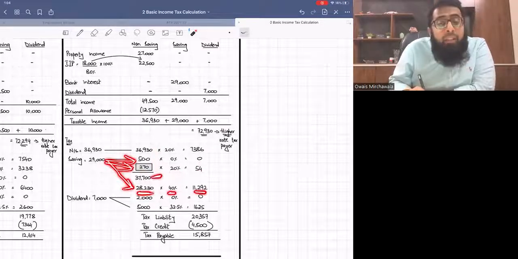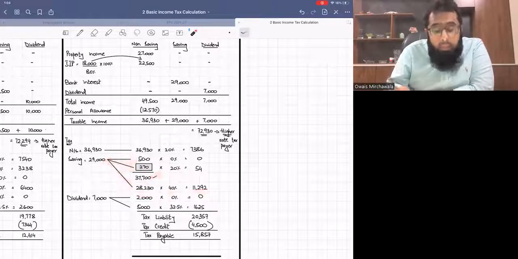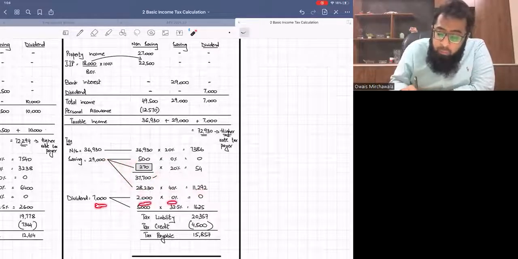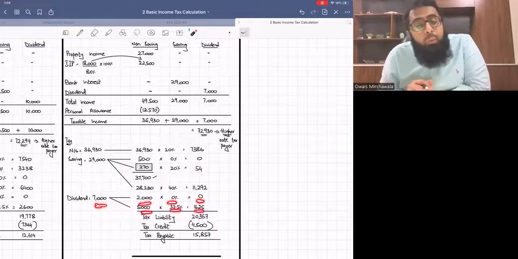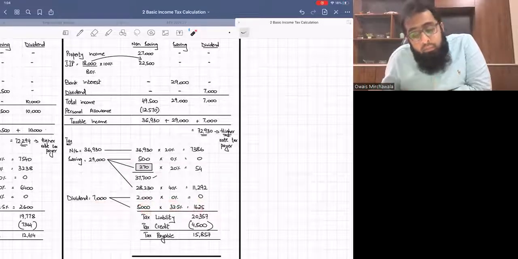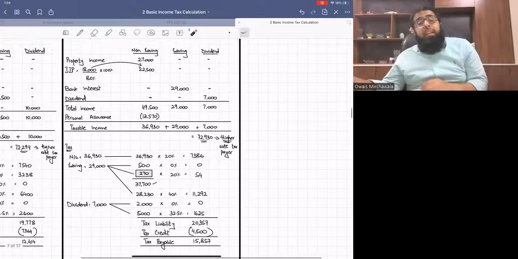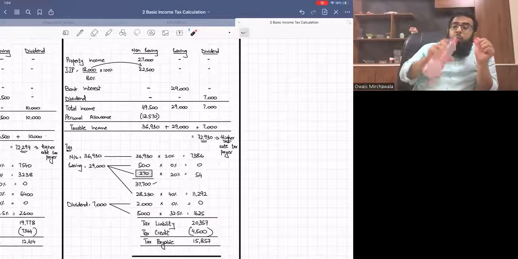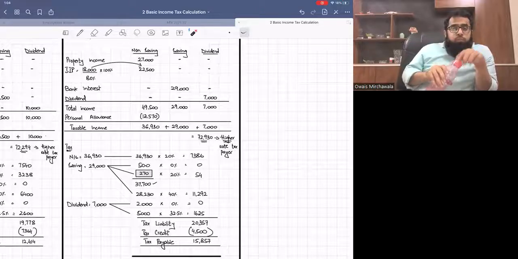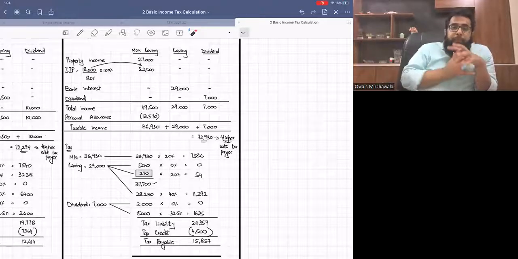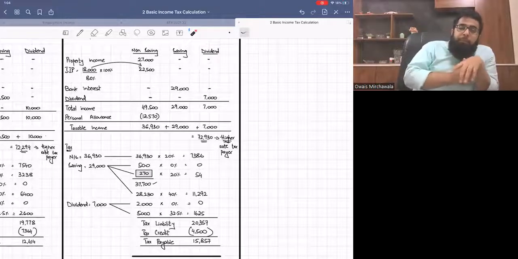Once the basic rate band is used, we move towards 40% tax. For dividend income, always 2,000 at 0% band and remaining dividend at 32.5. So I hope that there is nothing difficult in it. Is it clear?